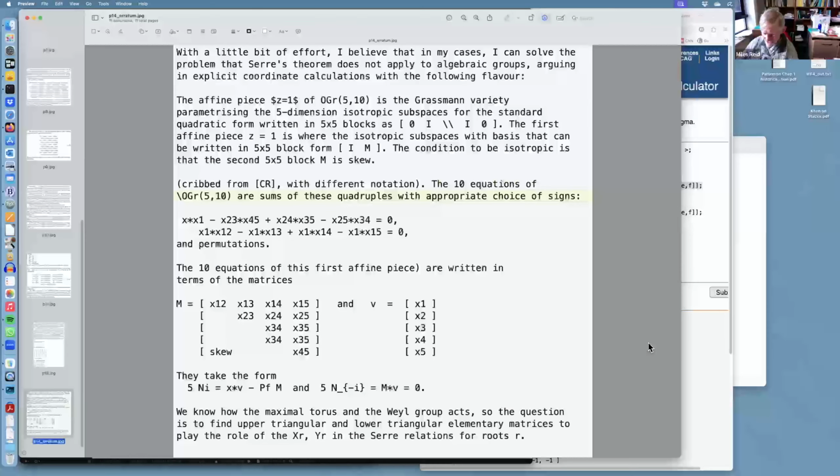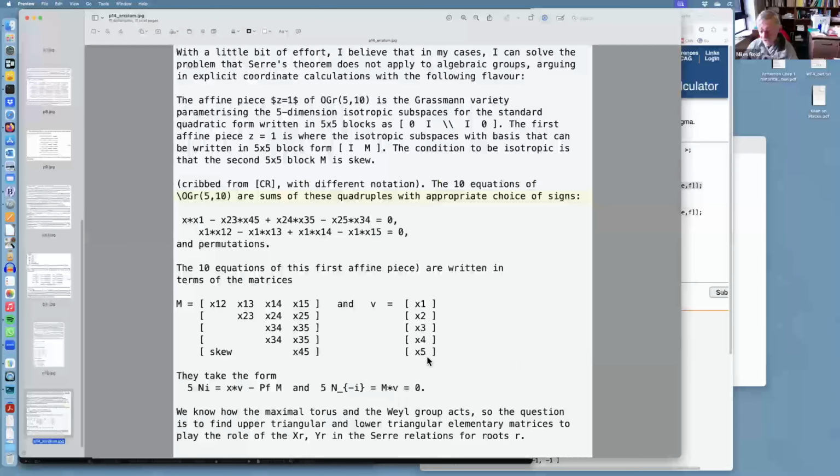Already the action of the maximal torus and the action of the Weyl group determines everything about algebraic groups. So that's true, but it doesn't apply immediately. And in this case, it's something that I was claiming to be able to do easily, and now realize that it's a little bit harder.